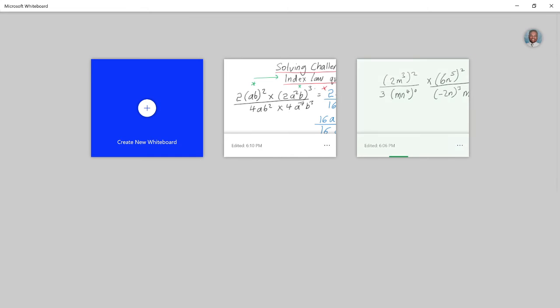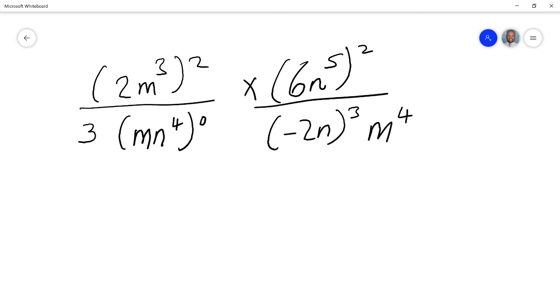Okay, so if you look at this question here, I've got (2m^3) in brackets squared times (6n^5) the whole thing squared, over 3 open brackets (mn^4) the whole thing to the power 0, and (negative 2n) in brackets to the power 3 m^4.